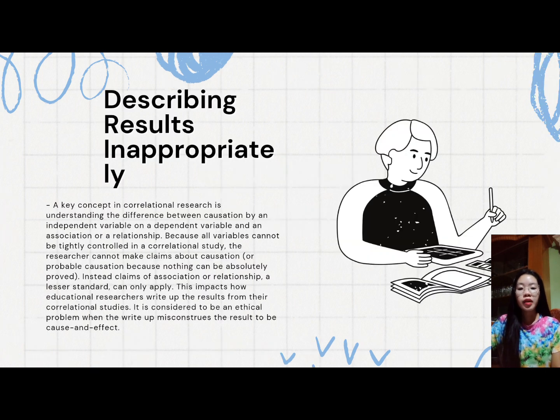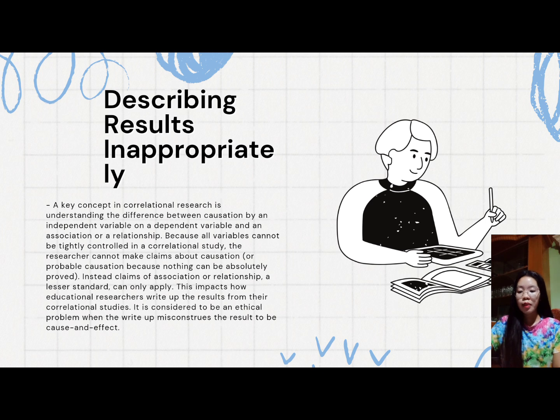So, describing results inappropriately. A key concept in correlational research is understanding the difference between causation by an independent variable on a dependent variable and an association or a relationship. Because all variables cannot be tightly controlled in a correlational study, the researcher cannot make claims about causation or probable causation, because nothing can be absolutely proved.